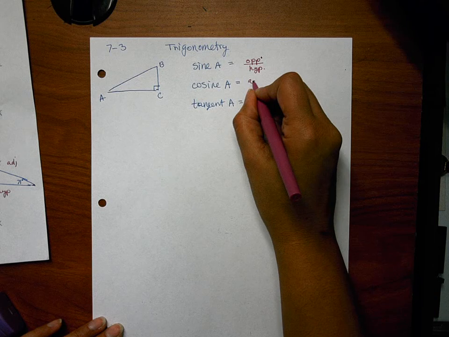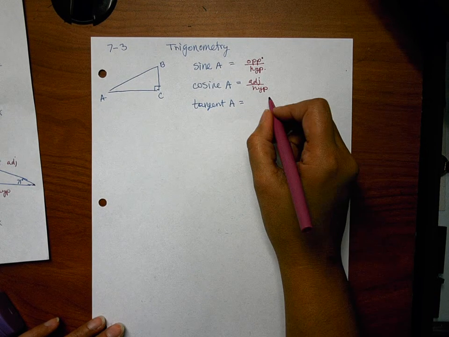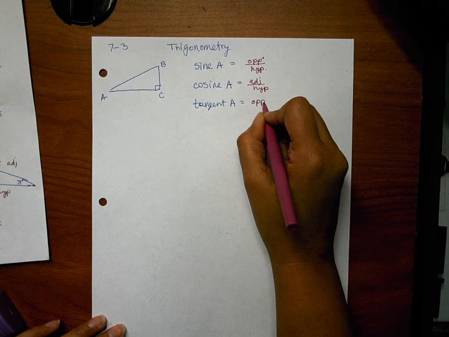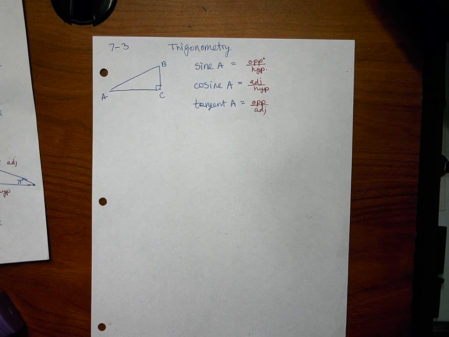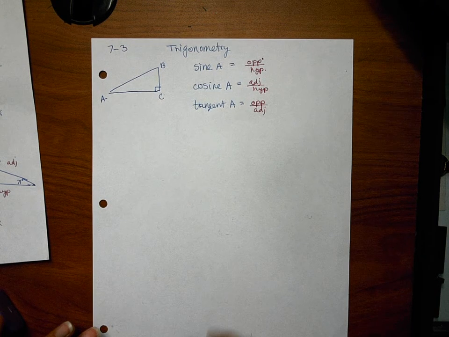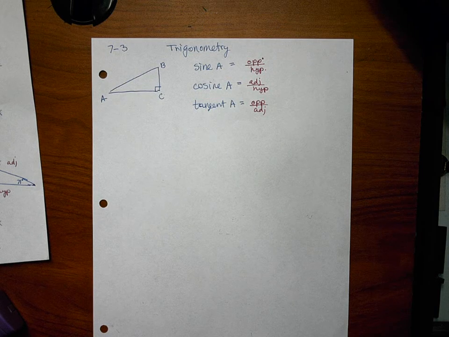Cosine is always going to be adjacent over hypotenuse, and tangent is always going to be the opposite side over the adjacent side. So they're always going to be fractions that you can reduce or plug in your calculator. Okay, so you will need to have these memorized. I will give you a little tool on how to work with it.